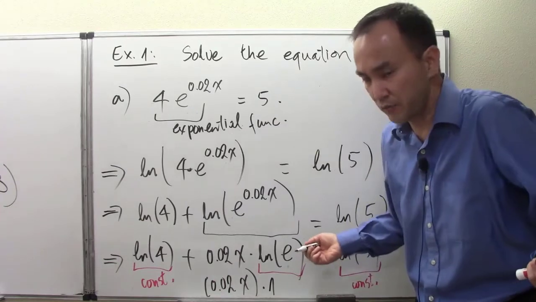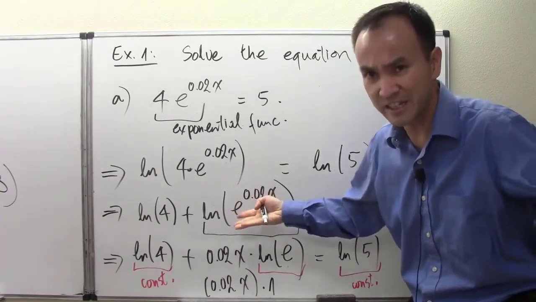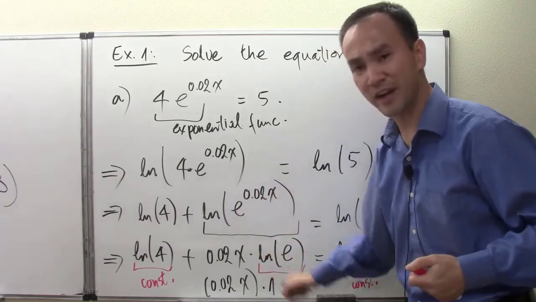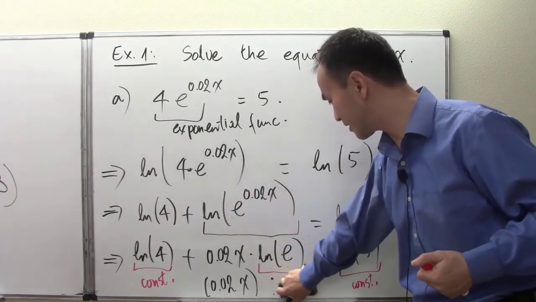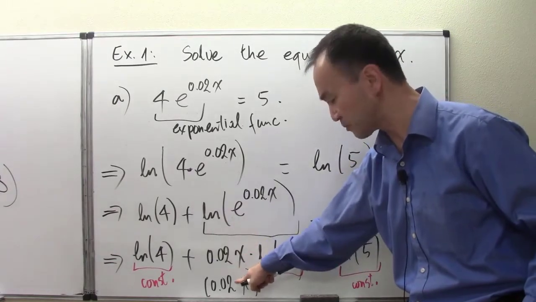It's needless that we write the 1 right here, so I'm just going to erase that. The whole lengthy expression becomes simply 0.02x.